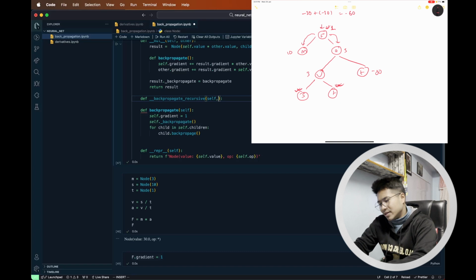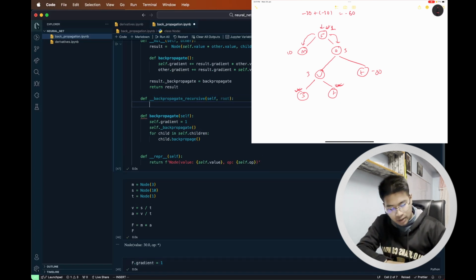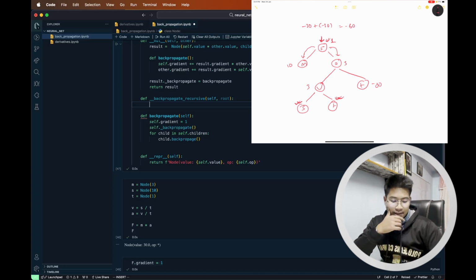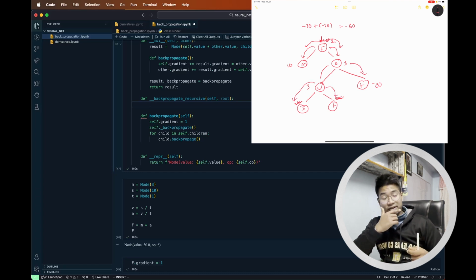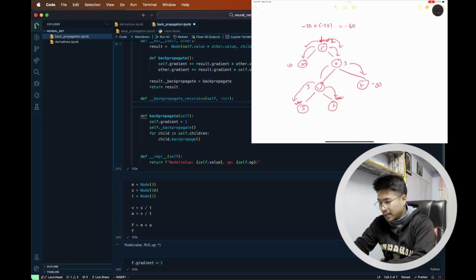What this will do is take a root. From this root, let's say I want to backpropagate, then I will go to the child and do a backpropagate recursive, go to a child, do a backpropagate recursive, and I will do that all the way until I reach a leaf node which does not have any child, so that won't do a backpropagate. I think that logic should work.